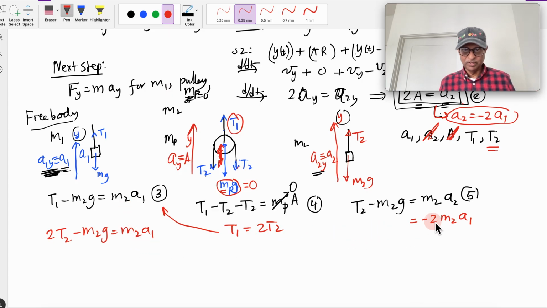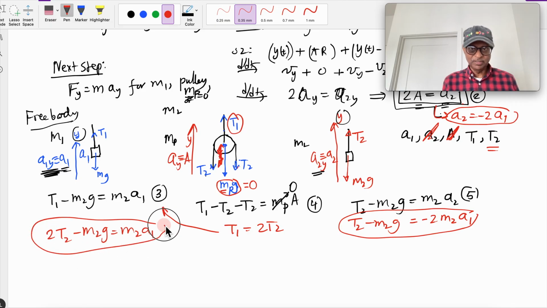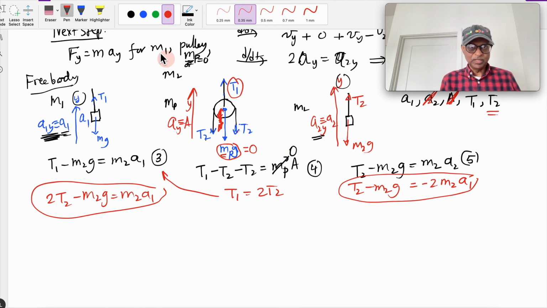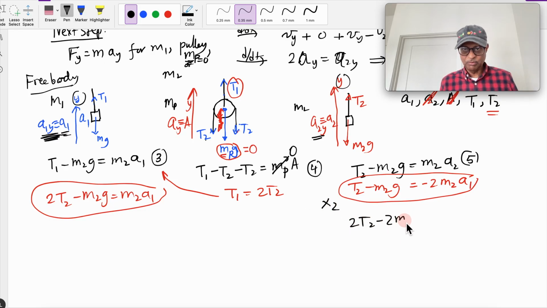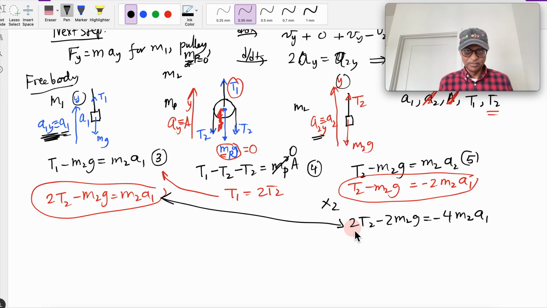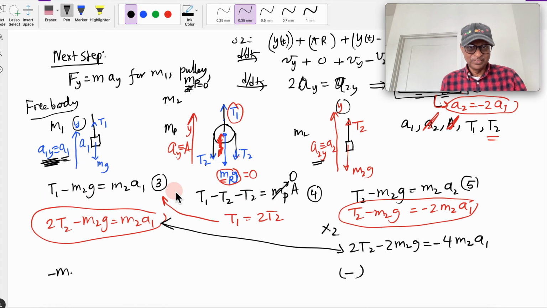So we have T2 minus M2g equals minus 2 M2 A1. Between this and this, let's get rid of T2. To get rid of T2, I need to multiply this guy by 2. So 2T2 minus 2M2g equals minus 4 M2 A1. So between this and this, let's subtract this guy. So you got a minus M. This definitely was not correct.